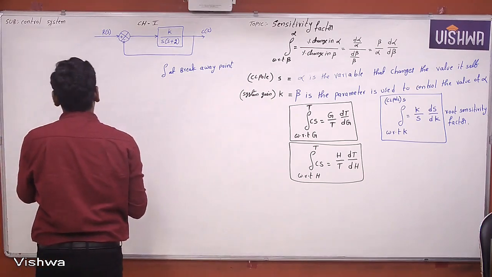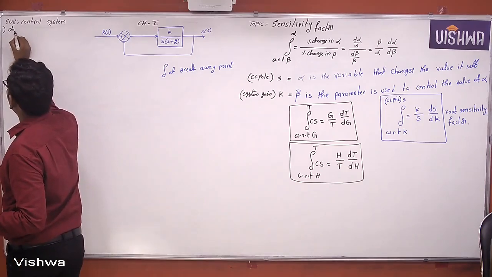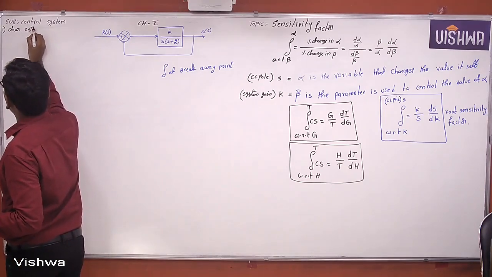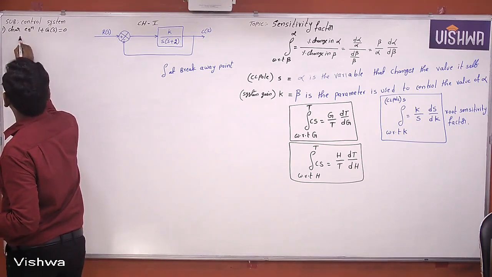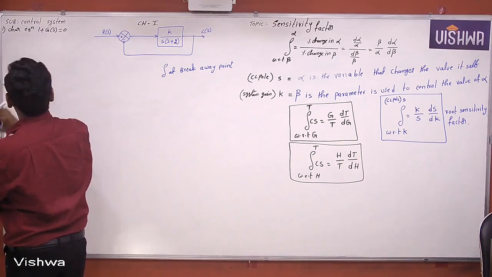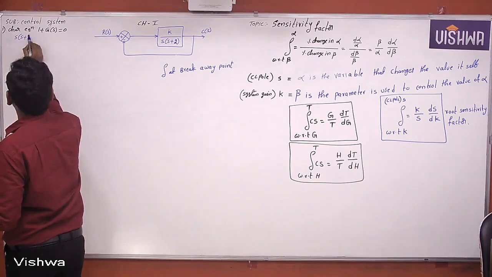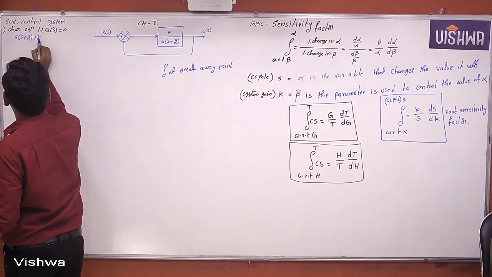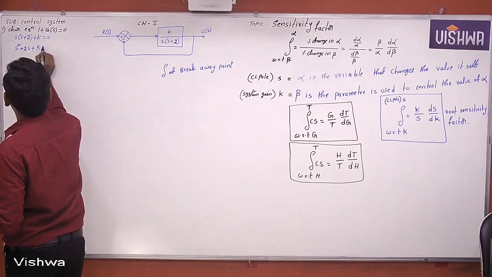For finding the breakaway points, we require the characteristic equation. This is step 1. Characteristic equation: 1 plus G(s) equal to 0. Therefore, s into (s plus 2) plus k equal to 0, that is s square plus 2s plus k equal to 0.